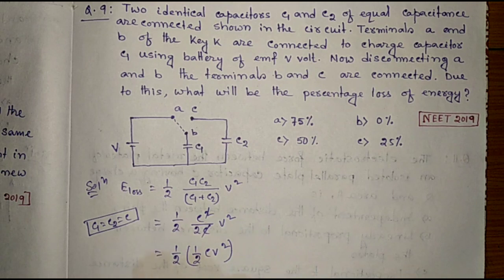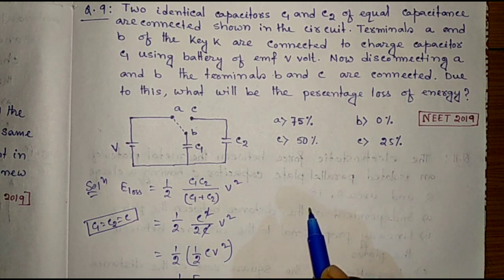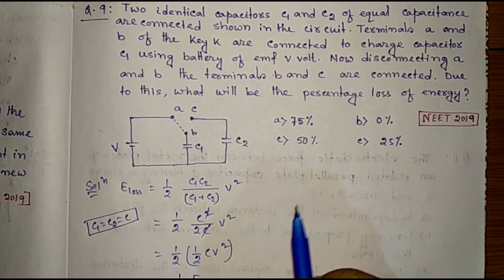And we know that half C V square is the initial energy E. So the energy loss is half of E, 50%.